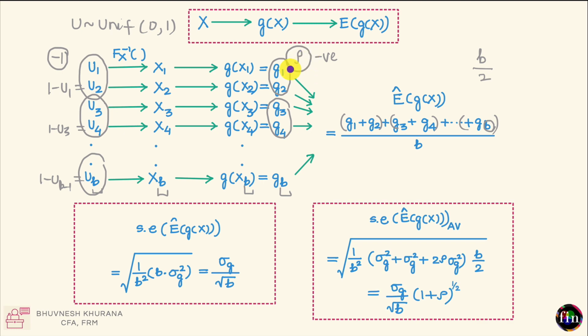Because this rho is negative, this standard error would be less than this standard error. And therefore antithetic variates has indeed helped us reduce the standard error for our estimator in a much more efficient way. That means without increasing the number of replications.